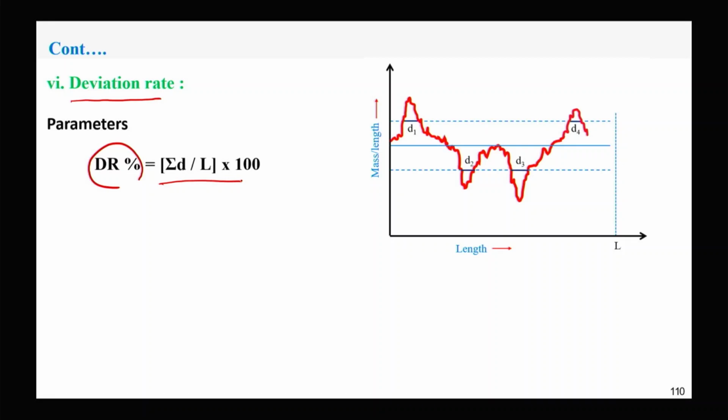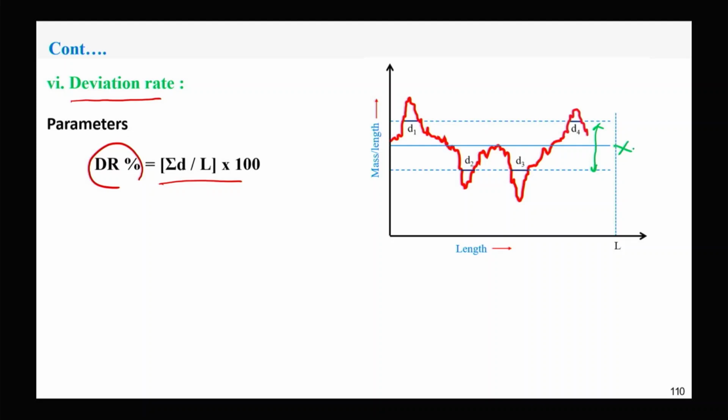So what is that? Suppose this is the mass deviation curve. Mass deviation curve is given, and we have set one particular range.